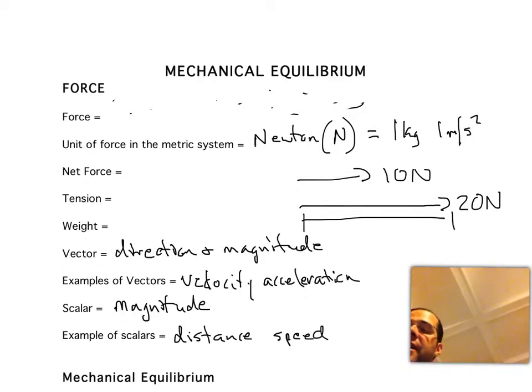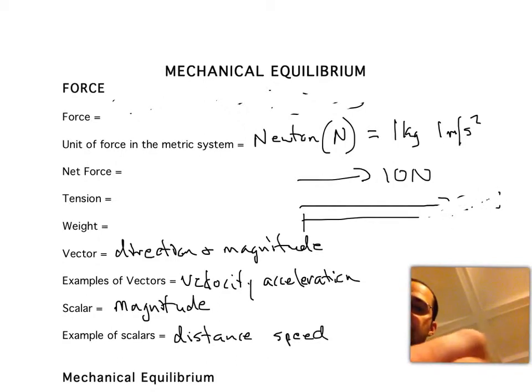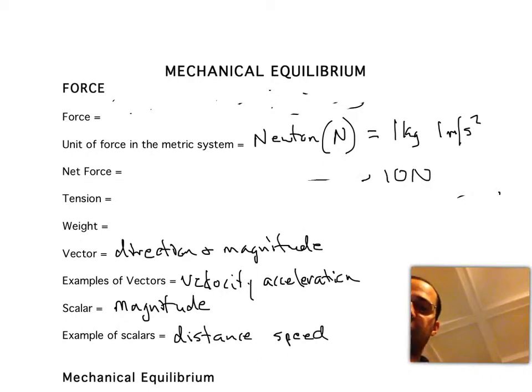Okay, now talking about some of the other principles in here, now we know what a force is and how we're going to represent it. Let's get rid of some of this stuff, and we'll talk about the concept of weight. So weight is the force due to gravity.